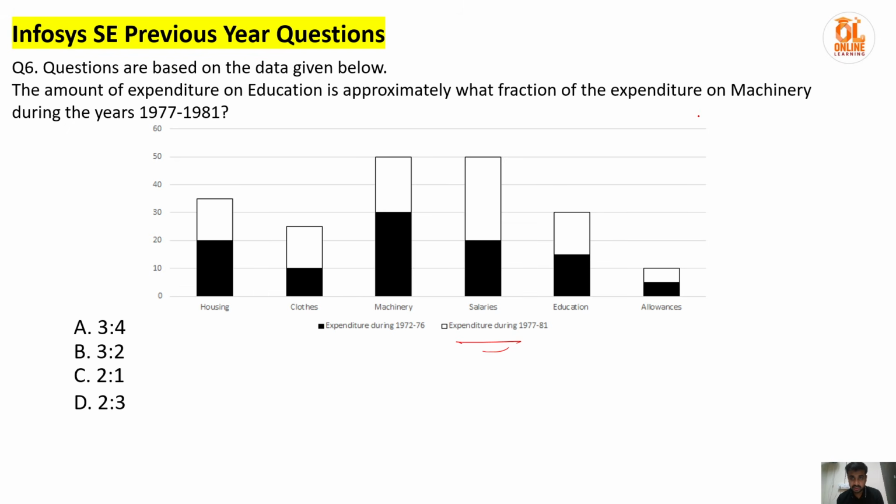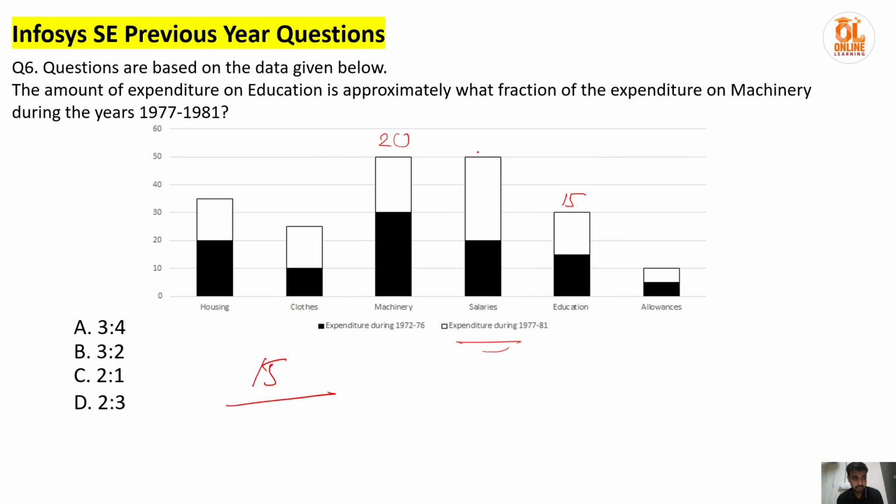Machinery is from 30 to 50, so it is around 20. Education is from 15 to 30, so this is 15. Amount of expenditure on education is 15.